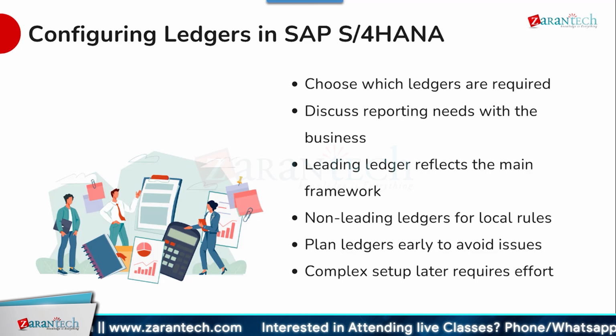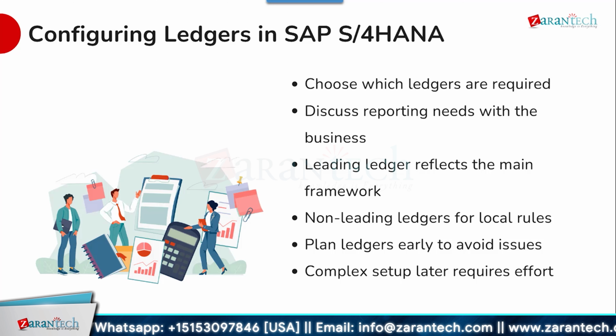When configuring the ledgers, it's very essential to start by choosing which ones are necessary for your business. Discuss your reporting needs with key stakeholders to ensure the right decisions are made at that time. The leading ledger will represent the company's primary accounting framework, covering the international reporting standards.